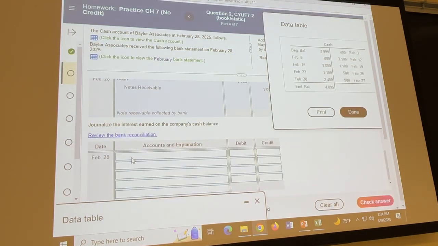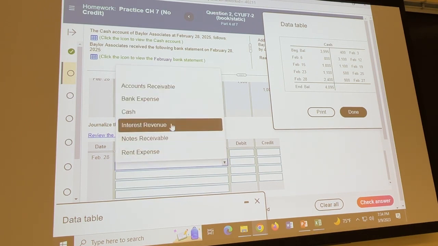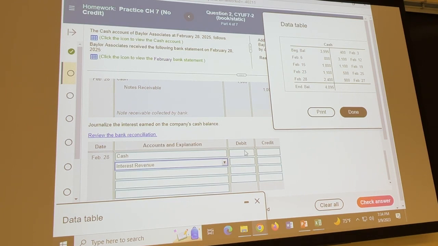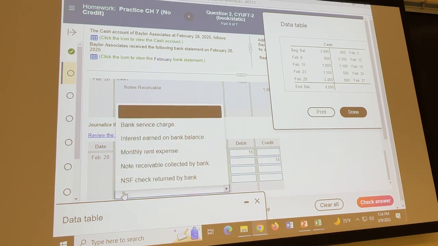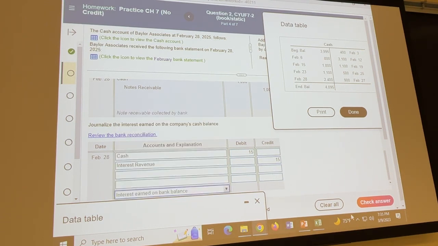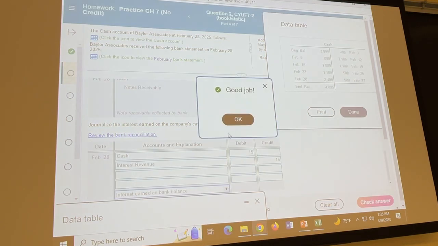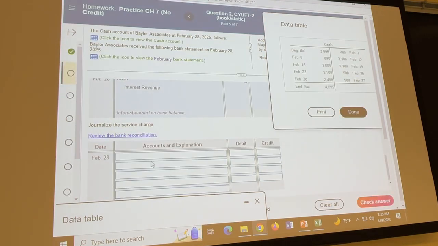And then next, journalize the interest earned on the company's cash balance. So again, we will debit cash, we will credit interest revenue. This is for $15. The bottom we put interest earned on bank balance. Then journalize the service charge.